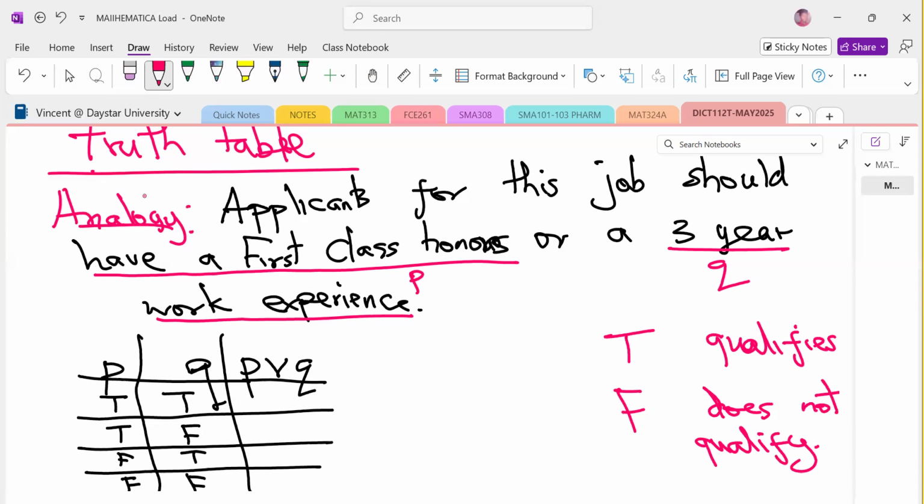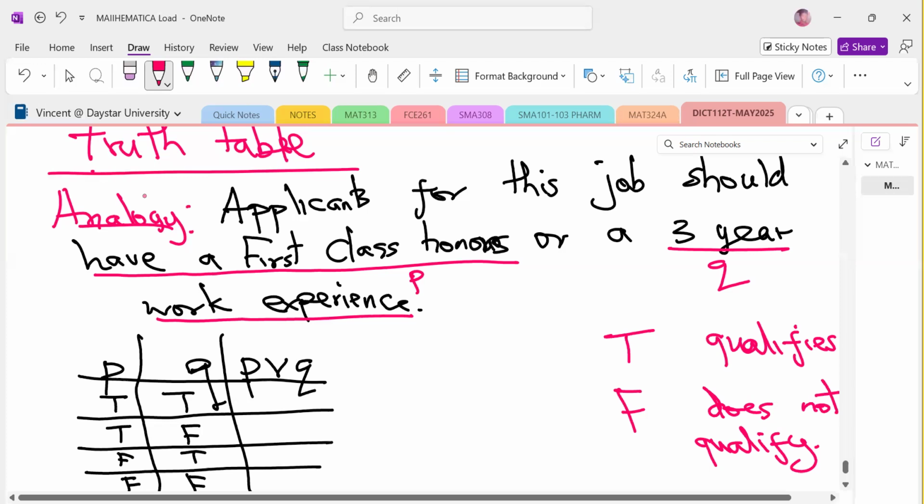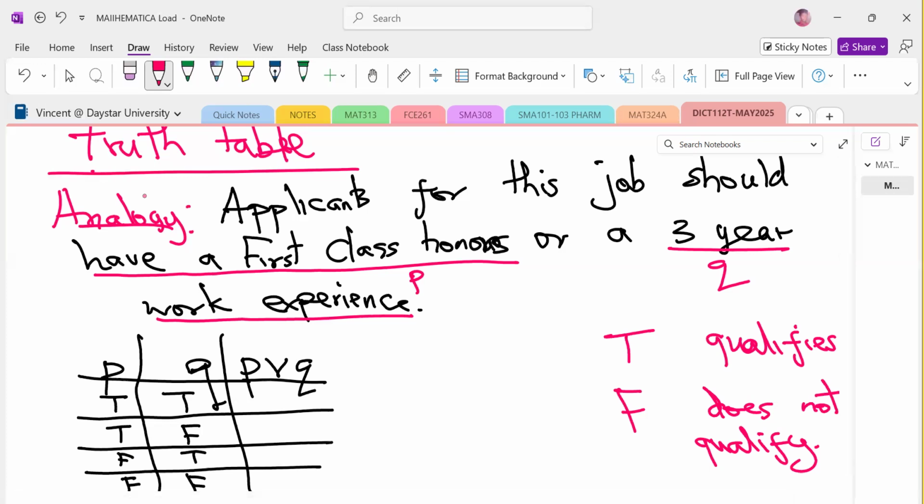With respect to this analogy, what does it mean? The first line means that the applicant has a first class and also has a 3-year work experience. So the question you ask yourself, does this applicant qualify for the job? Yes. So if they qualify, we put T. So put T here.